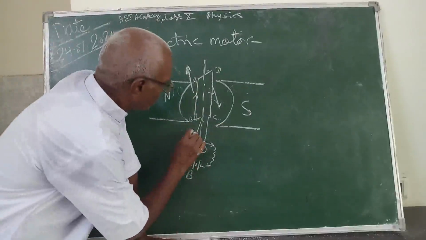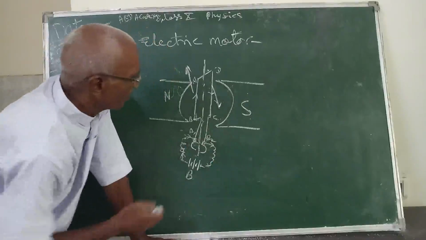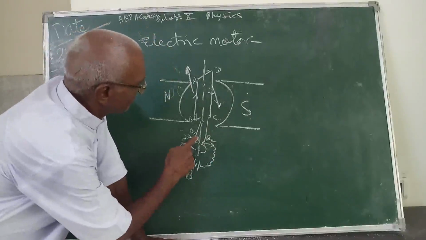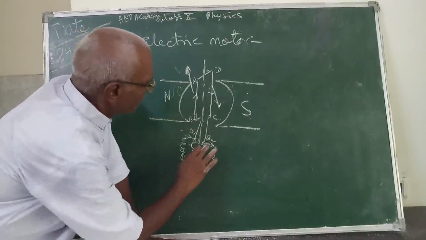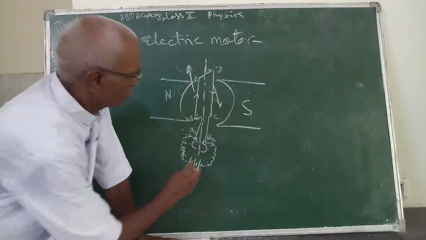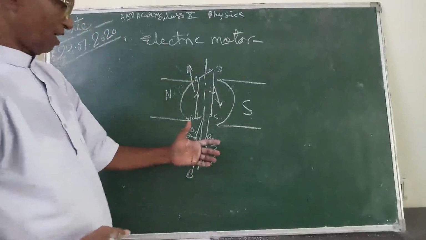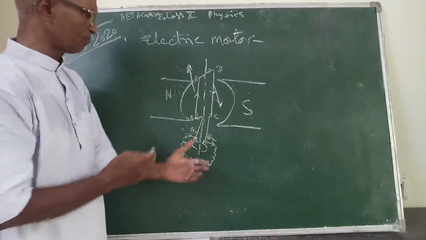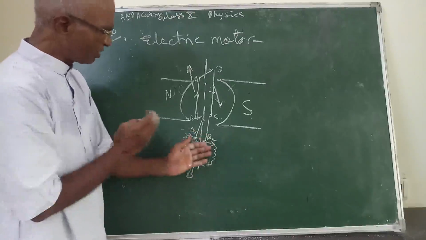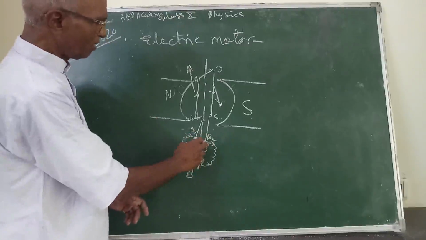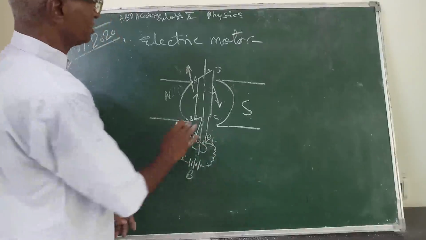Then here are two brushes, B1 and B2. The B1 brush touches the first half of the commutator, which is connected to AB. B2 touches the second half of the commutator, which is connected to DC. After half a rotation, this brush leaves this commutator, and B2 comes here and B1 comes in this way.